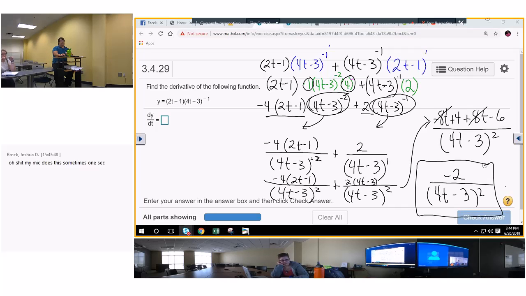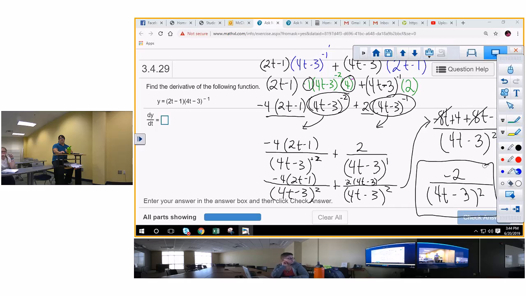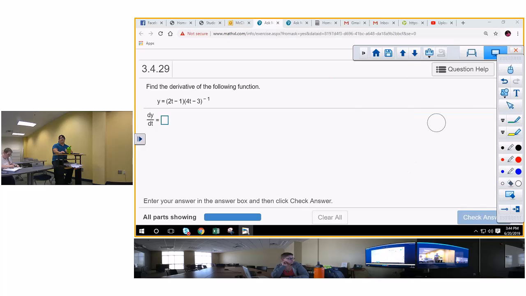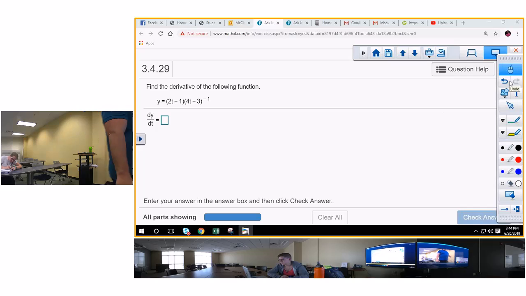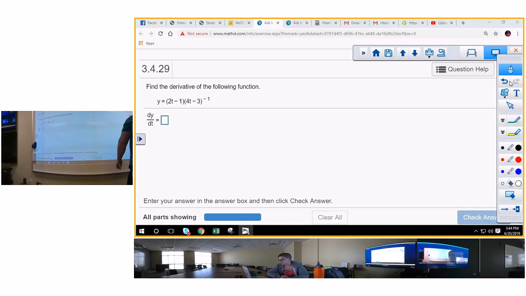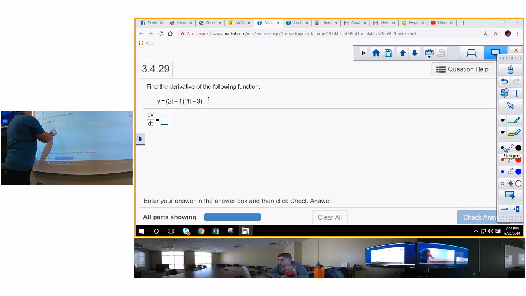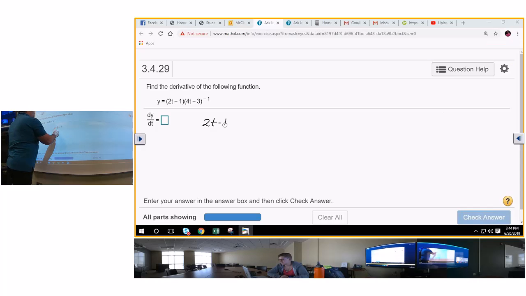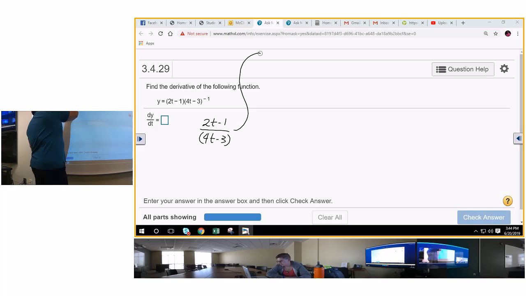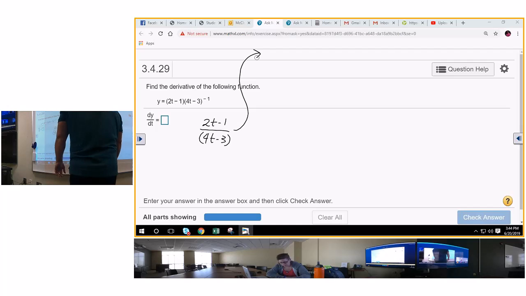All right, so we're going to erase this, and we're going to see if we get the same answer using the quotient rule. And like I said, anytime you can do 2 problems for the price of 1, do it. And later on, you're going to be glad you did. So 2t minus 1 over 4t minus 3 to the first power. Using the quotient rule, I'm going to go up here because I don't feel like moving everything.